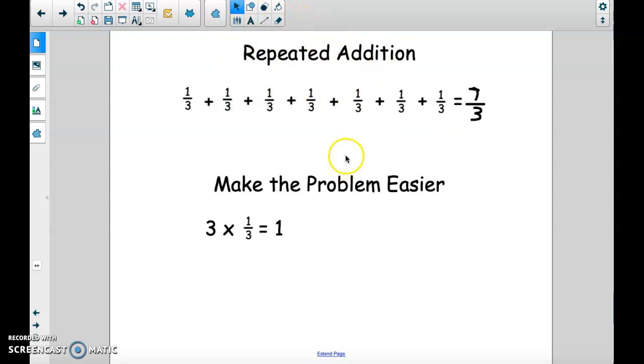Another way you could have approached this problem is just kind of make life easier on yourself, right? Because if you know that 3 groups of 1/3 equals one whole, well, if we've used 3 groups already, we have 4 more groups, because remember our original problem was 7 groups of 1/3.